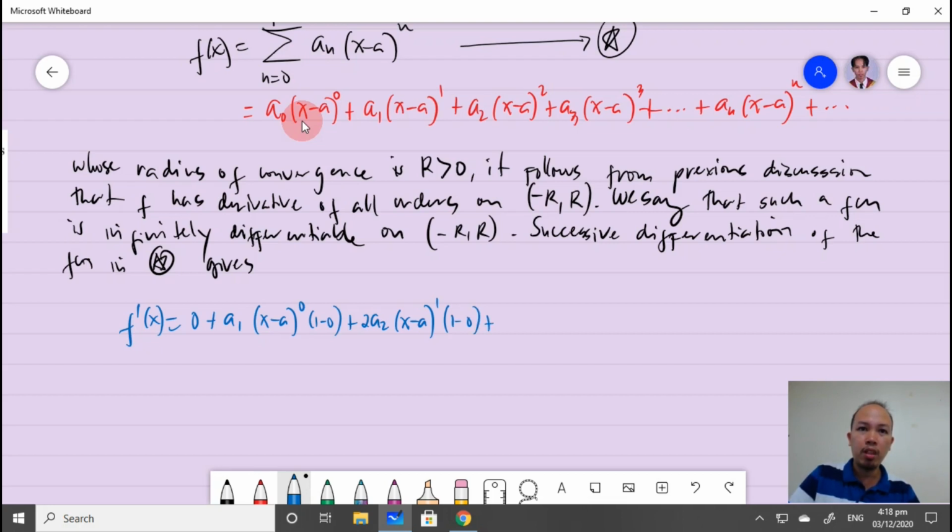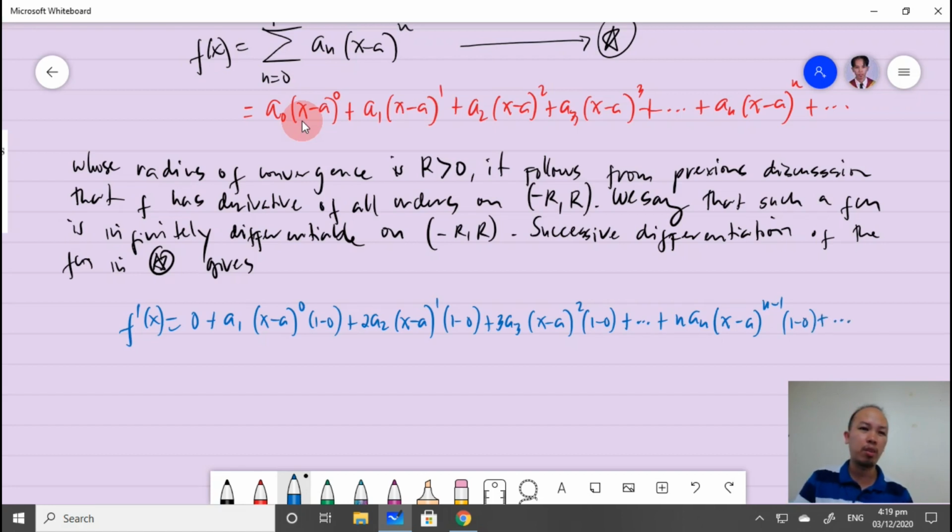For the fourth term, we have 3a sub 3 (x minus a) to the power of 2, times the derivative of x minus a, which is 1 minus 0, and so on and so forth. And the derivative of the n-th term is n a sub n (x minus a) to the power of n minus 1, times the derivative of x minus a, which is 1 minus 0, plus dot dot dot.